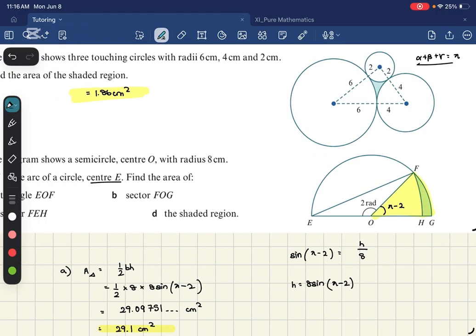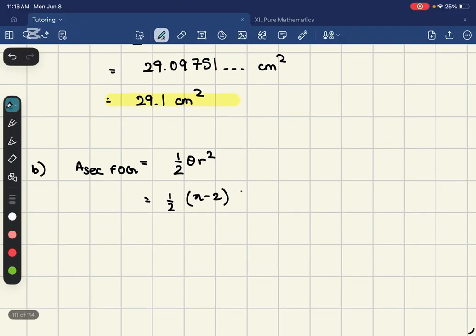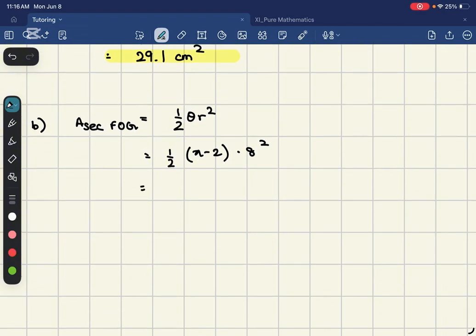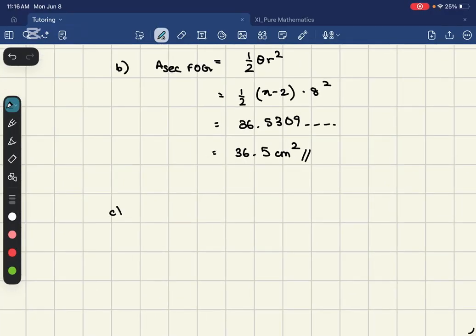So we just substitute into the formula. Half theta, where theta was pi minus 2. The radius of the sector is 8 squared. And if you substitute this into your calculator, you are going to get 36.5309... And if you simplify to 3 significant figures, you are going to get this expression. All right. Part C.